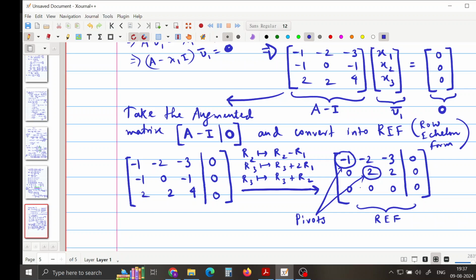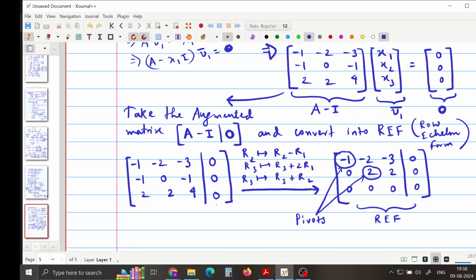And in row echelon form, the condition is that if there is any all zero row, it has to be at the bottom of the matrix, which is satisfied here. There may not be an all zero row as well, but if it is present, it has to be at the bottom. And the pivot 2 lies to the right of the pivot -1 in the row above it.